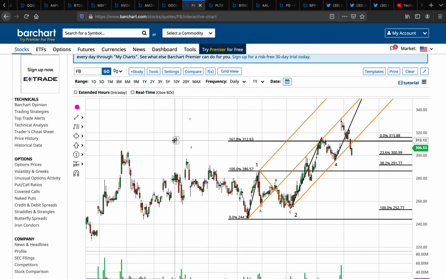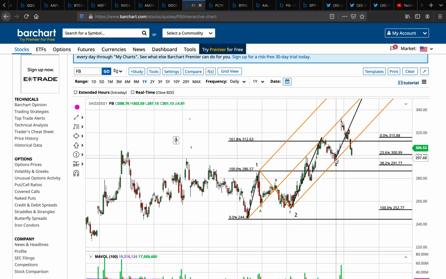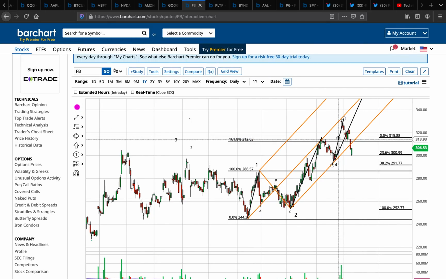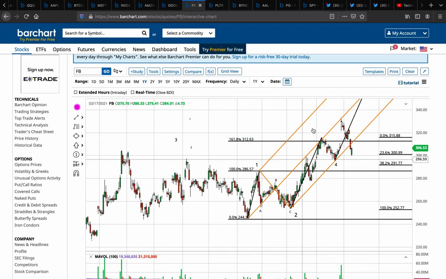What's the more bullish count of Facebook? That was the conservative count: if this low of 297, I think it's actually 296, holds, the conservative wave 5 target is the length of wave 1 placed at the wave 4 low, and Facebook still hasn't reached that. It would be 435. What's the more accurate Facebook wave count?